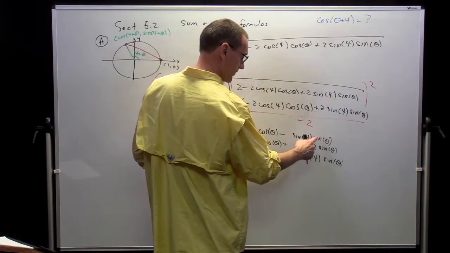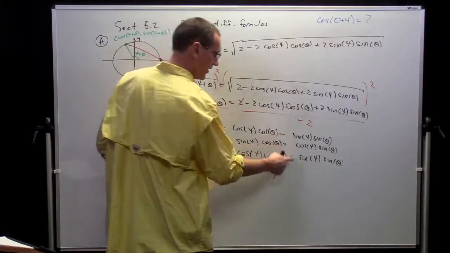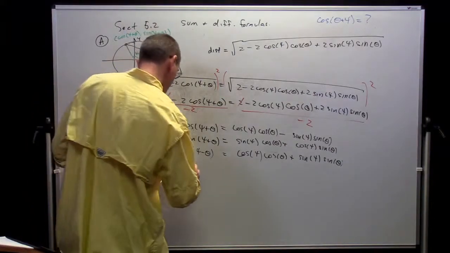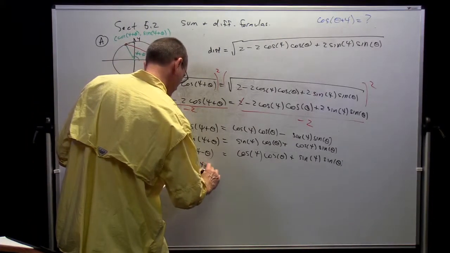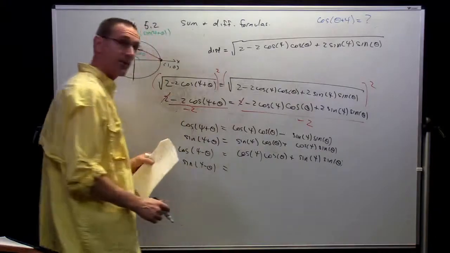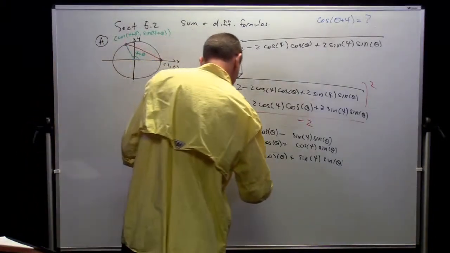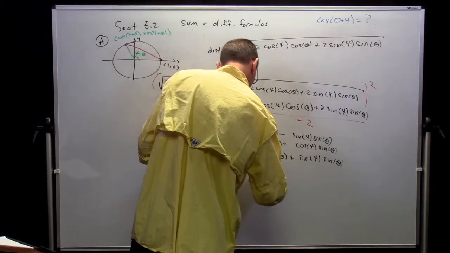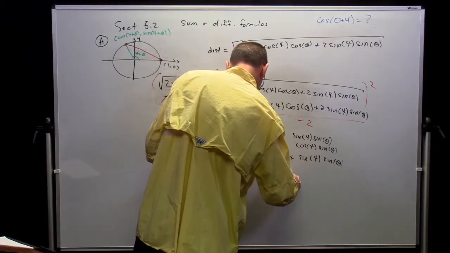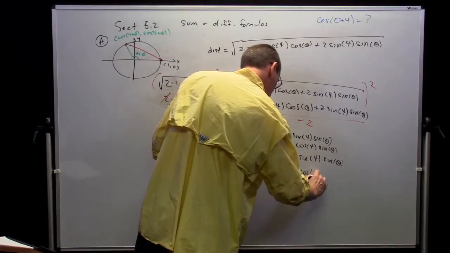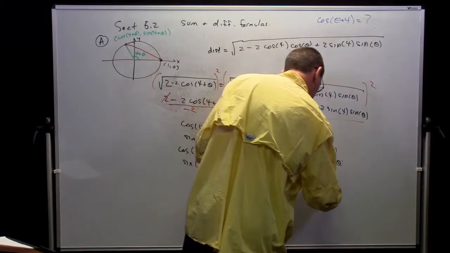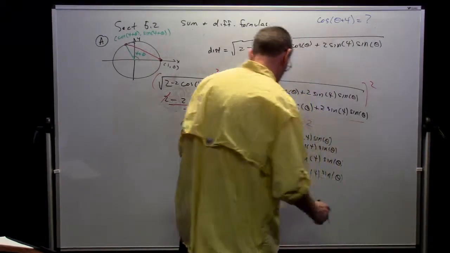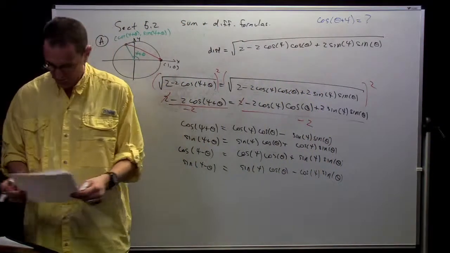Sine of minus theta is minus sine of theta because it's odd, so that comes out. And likewise, for the same reasons, I take the sine of psi minus theta. I get sine of psi, cosine of theta, minus cosine psi times sine of theta. Okay?